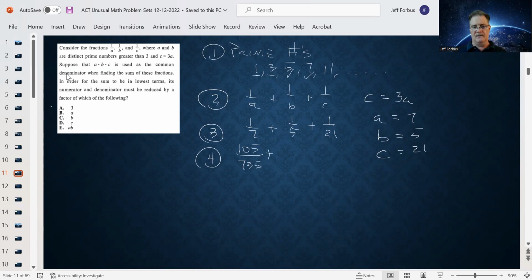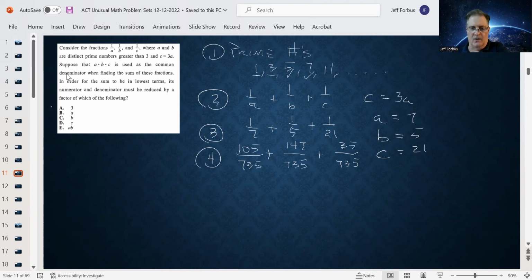Now we need this fraction to have a denominator of 735, so we're going to multiply 5 by 147. So that becomes 147. 147 times 5 is 735. And the same thing for our last fraction. We need the denominator 735, so we multiply 21 by 35. And that gives us a numerator of 35.